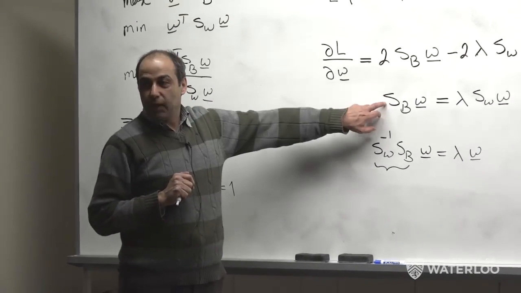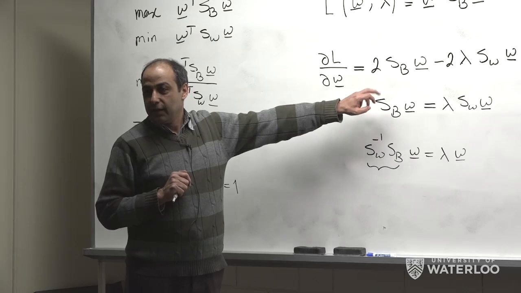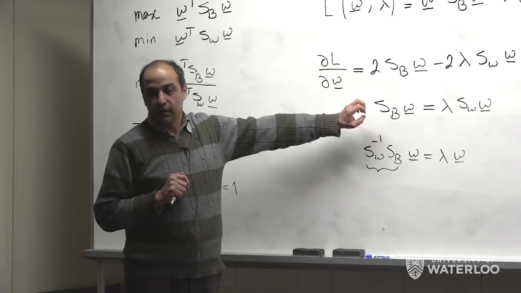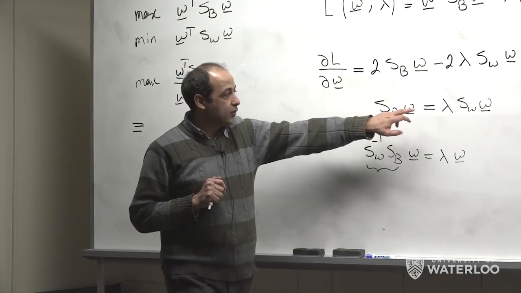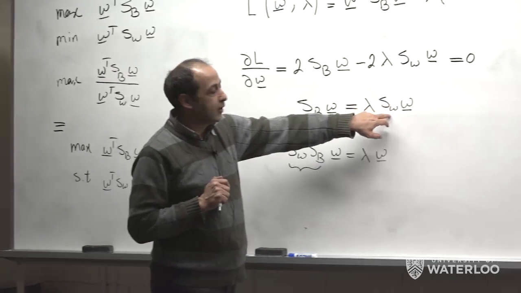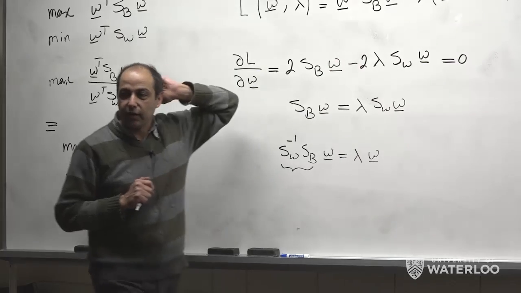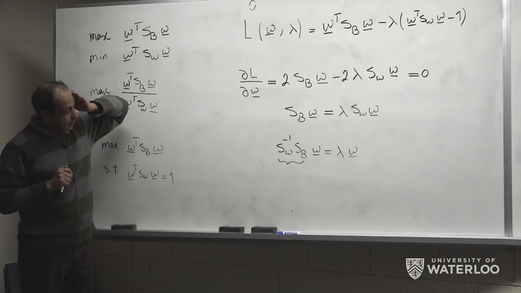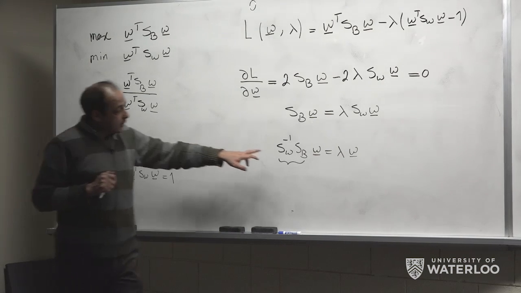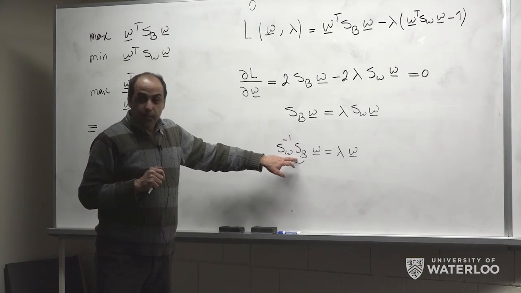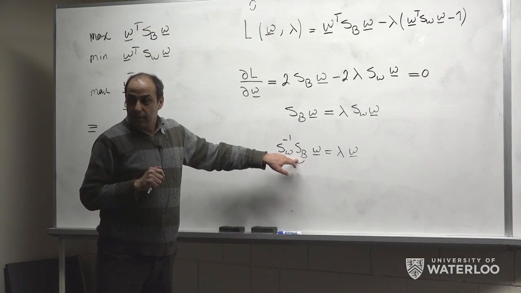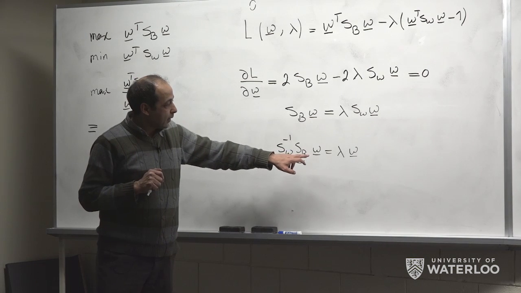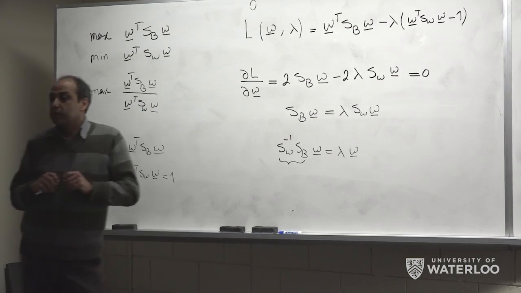The name of this problem is the generalized eigenvalue problem. SW is known, SB is known, so I can compute SW inverse SB and find the eigenvectors.